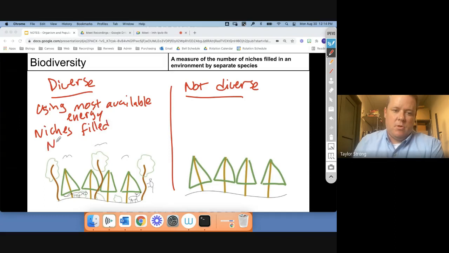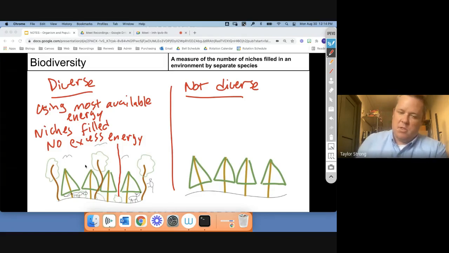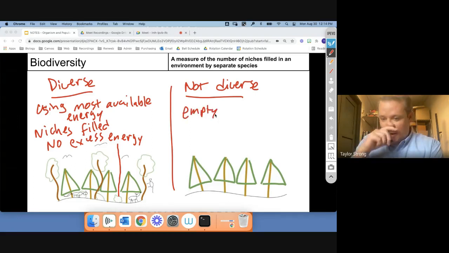And we could say that there is no excess energy. Any light that maybe happens to fall in between these trees is going to be absorbed by those plants, and those plants can be eaten by the herbivores, and they can be eaten by carnivores, and so there's no available energy.